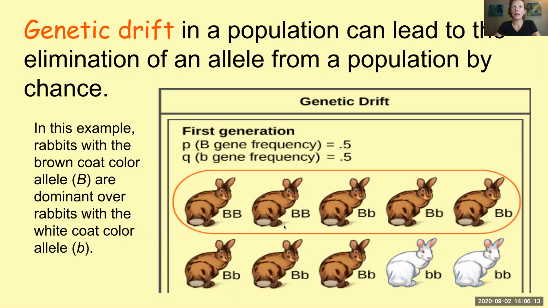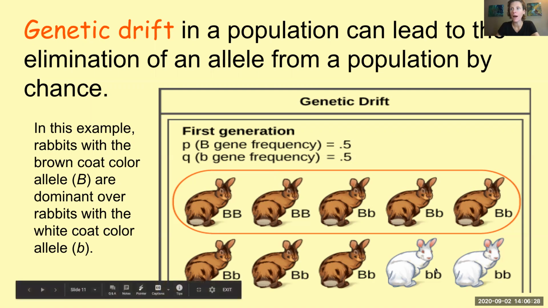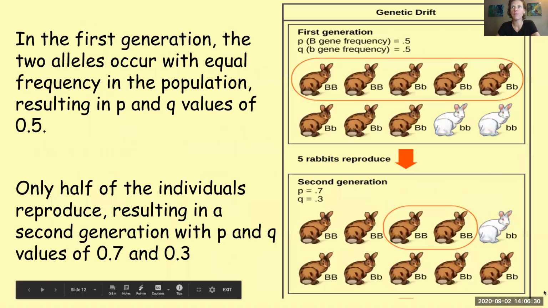In this example, when the rabbits mate, you are going to see these rabbits survive up here, and they all happen to be brown. Now they're homozygous dominant brown and heterozygous, but there are no white rabbits that survive to breed.